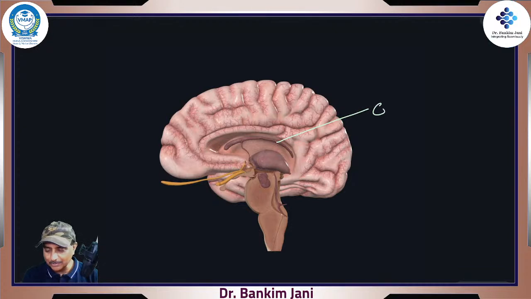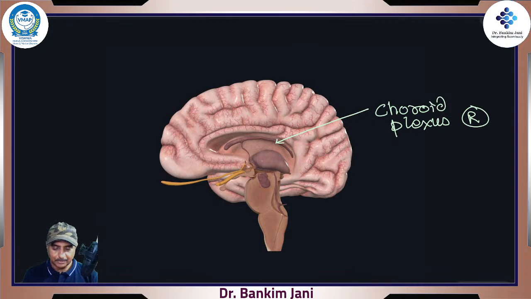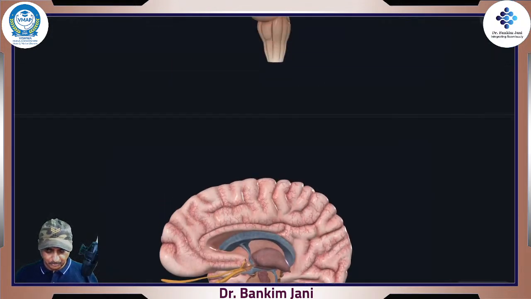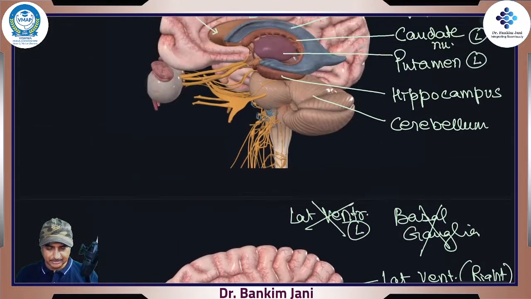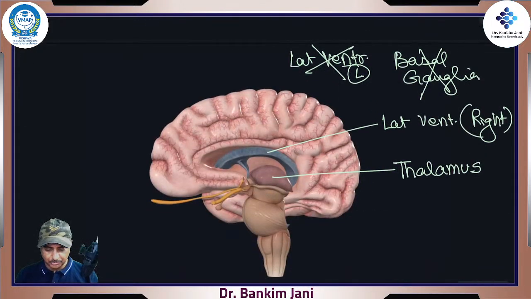This one is the choroid plexus, right side. While removing all those structures, our purpose was to reach the thalamus. So the rest of the structures that were coming in between were all removed.